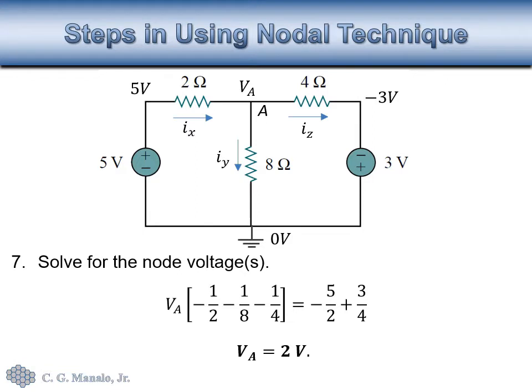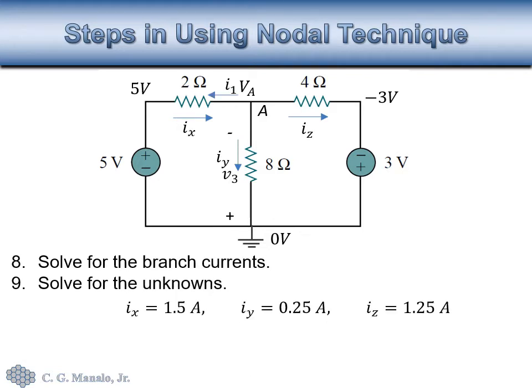And then we can solve for V sub A. So with a little algebra, we can solve for V sub A, and that should give us 2 volts. And once we got the node voltages, we can solve for the branch currents. So the currents I sub x, I sub y, and I sub z. So solving them, that should give us these values here.